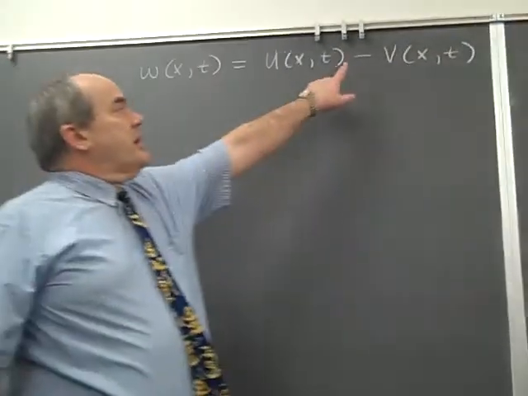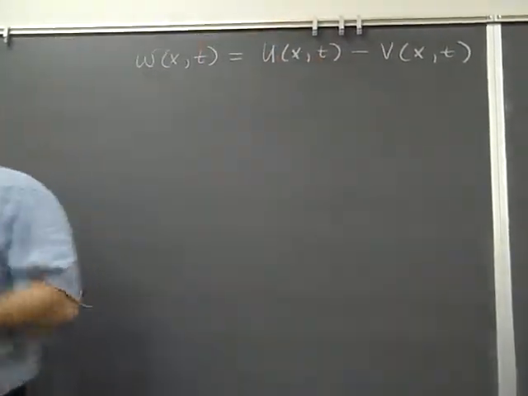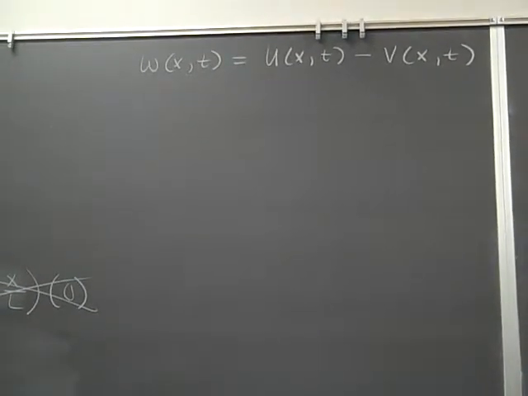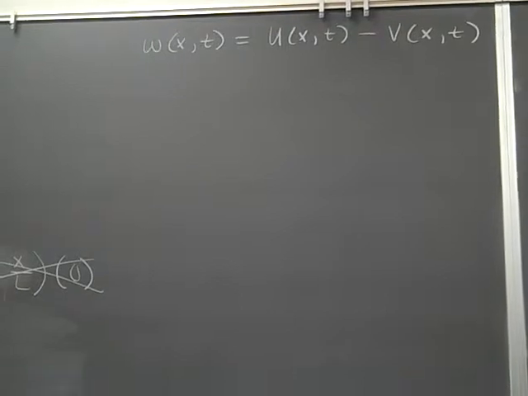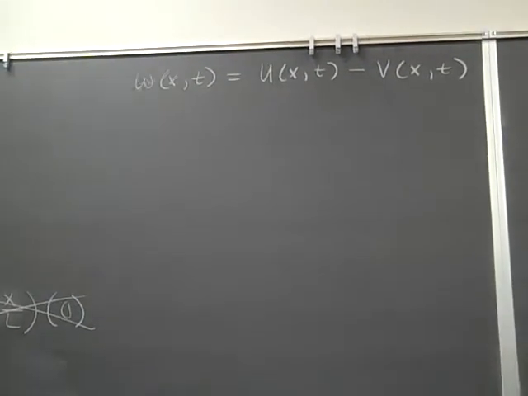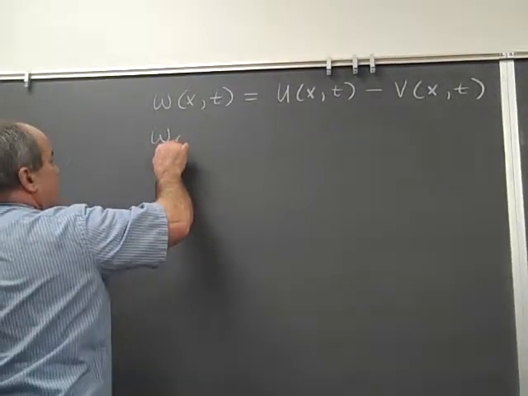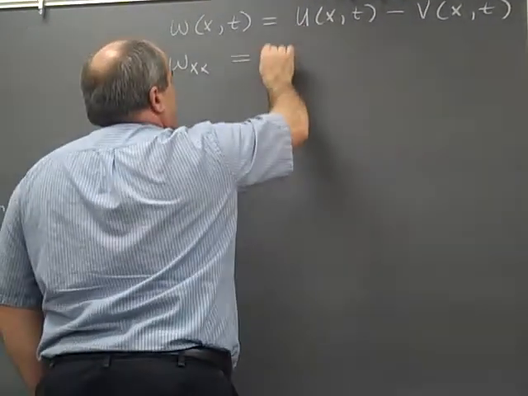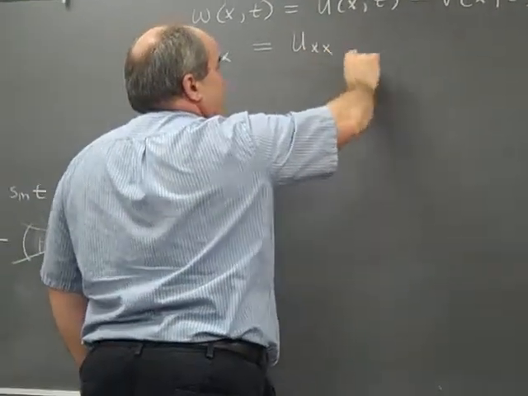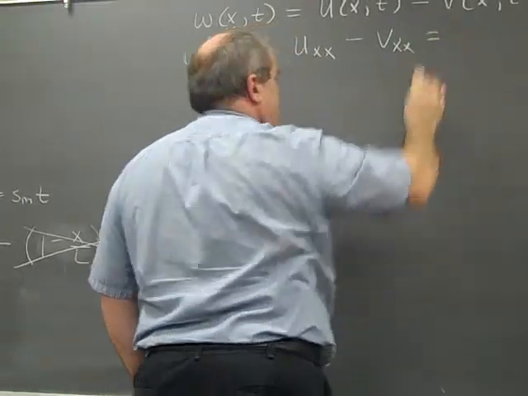Now, since we're subtracting here, and since V has exactly the same boundary conditions as U, we know that the boundary conditions for W are going to be homogeneous, which was the whole purpose of the exercise. But now the PDE is going to be different because, well, W sub xx, that's not too bad. That's going to be U sub xx minus V sub xx, but what's V sub xx?